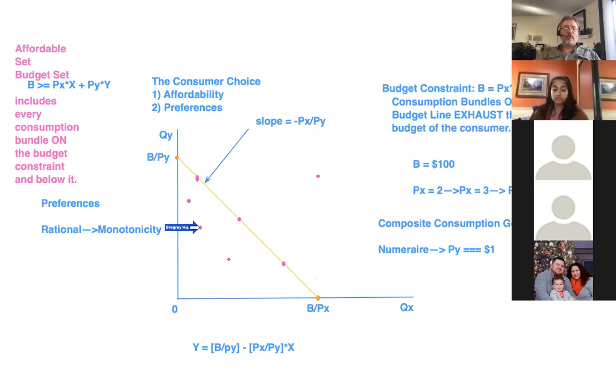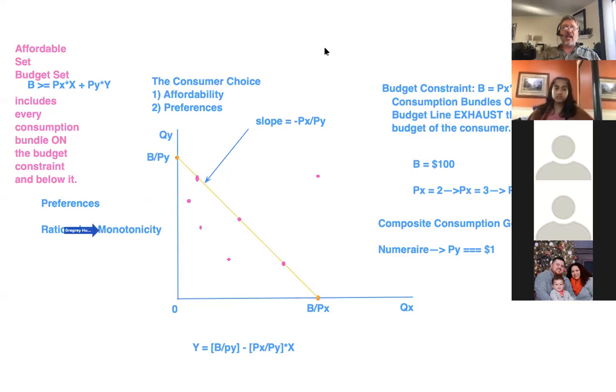Would the consumer stay there, or would they move toward the boundary? Now I'm not just talking about affordability. I'm getting back to this issue of the consumer is going to spend more. They're going to exhaust their budget. Why? They're going to exhaust their budget because they're monotonic.